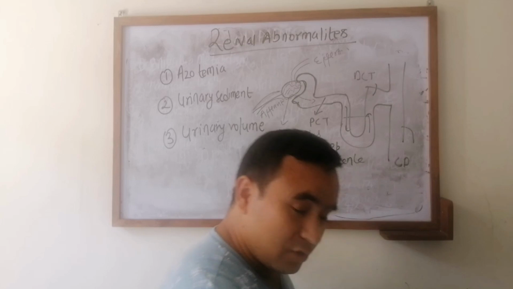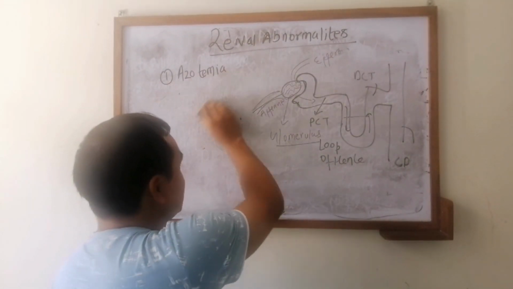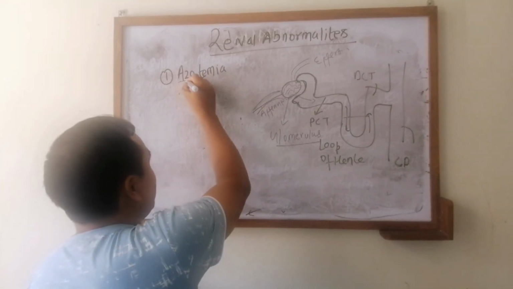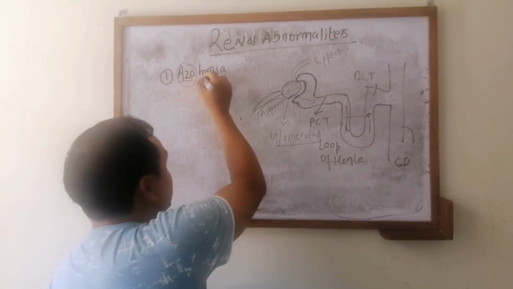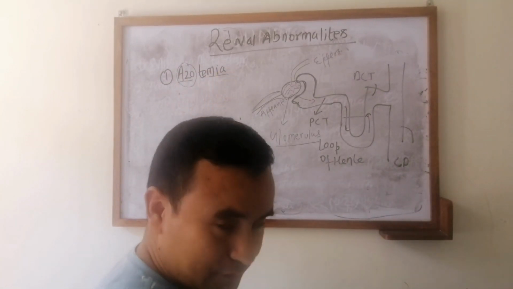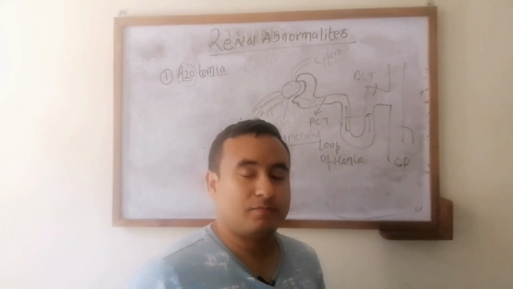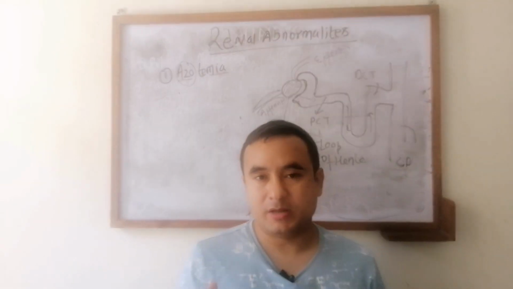So today we will only discuss azotemia. What is the definition of azotemia? Azot means nitrogenous, and mia means in the blood. So azotemia is simply an increased level of nitrogenous waste in our blood.